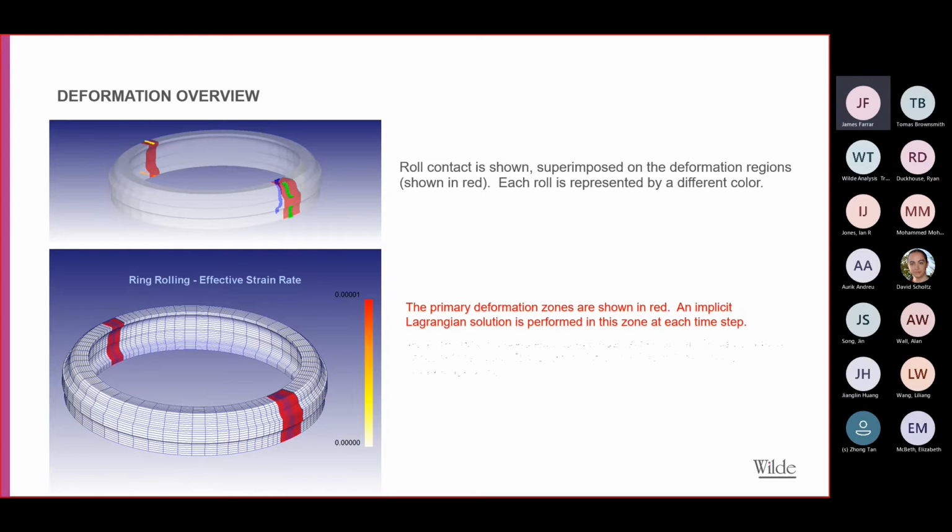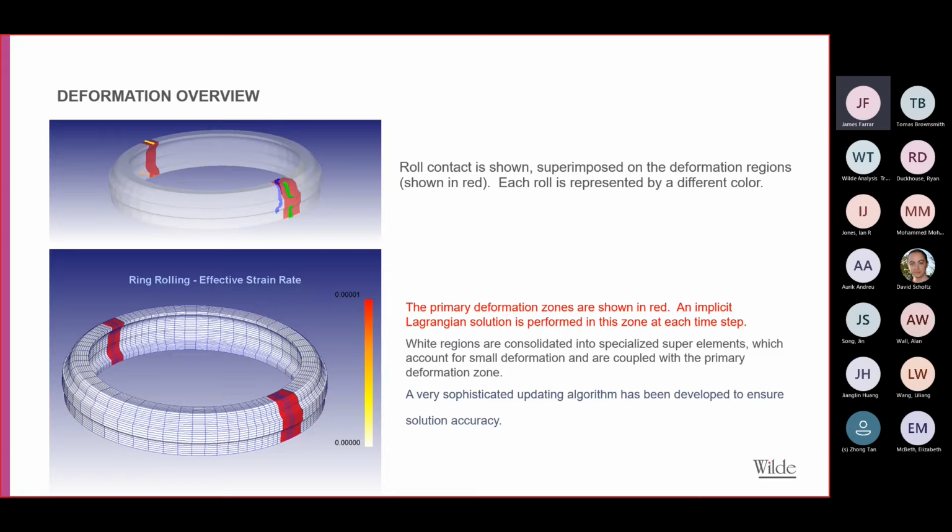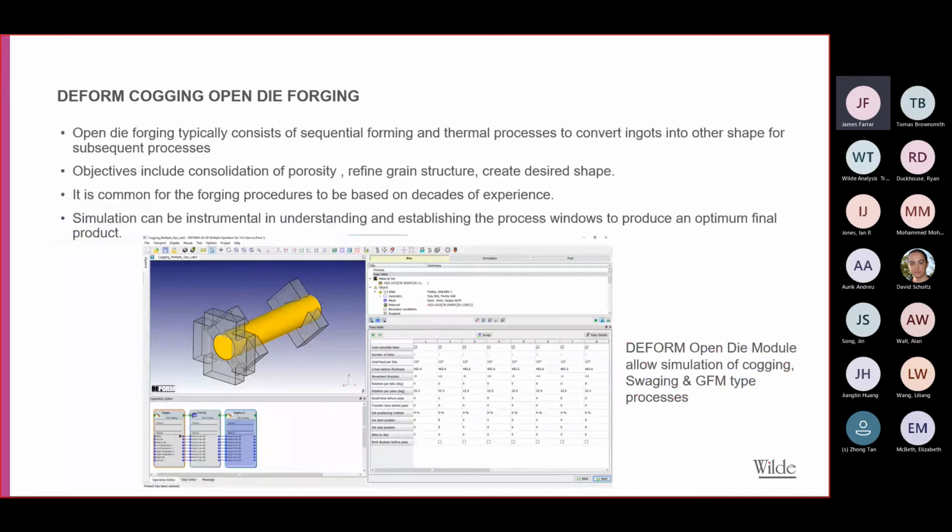And then the white regions are consolidated into specialized super elements, so they can behave essentially like beams and twist and deform elastically in there. And then we have an updating algorithm to allow the nodes to follow the curvature of the dies as well to help with the solution accuracy. So that's one solution.